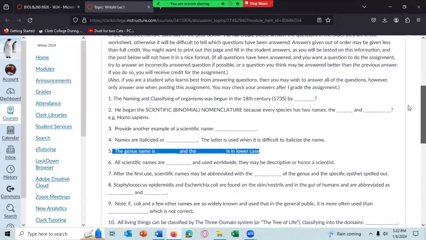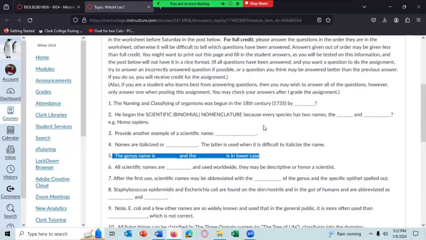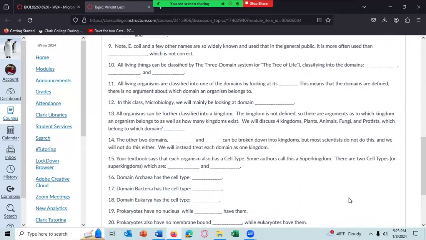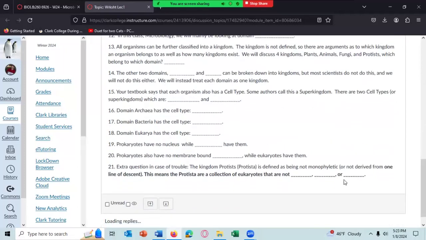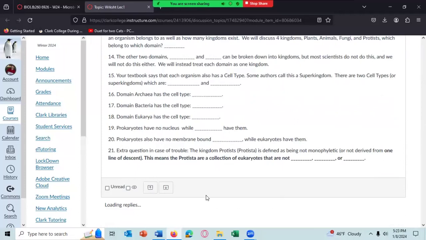The other students in the class will answer the other questions, and then you can just write in their answers and you have the information. You might want to print this out and then write in your answers because it's a little easier to study from, but that's not required. Like I said, you can study from the answers and questions that the students provide.